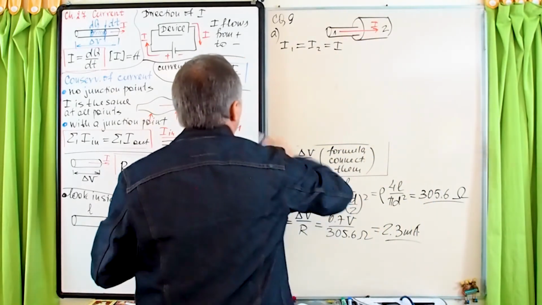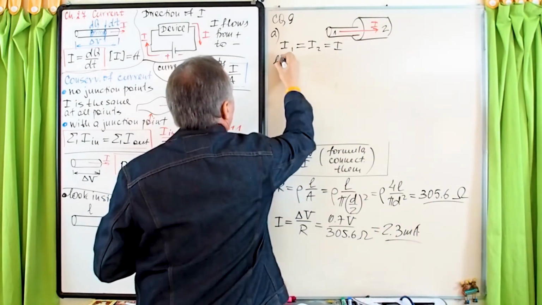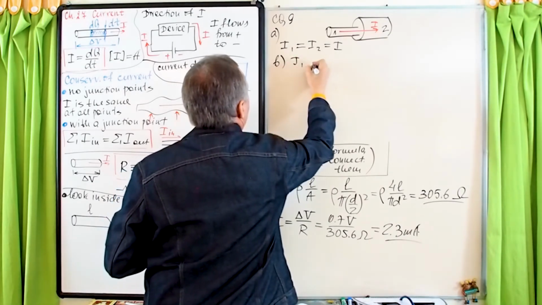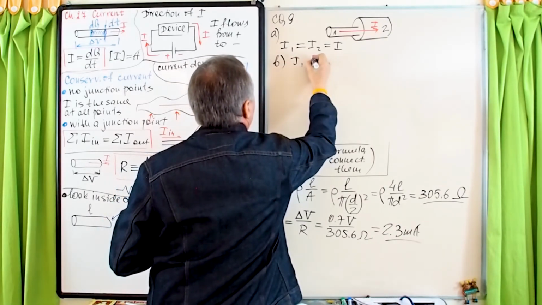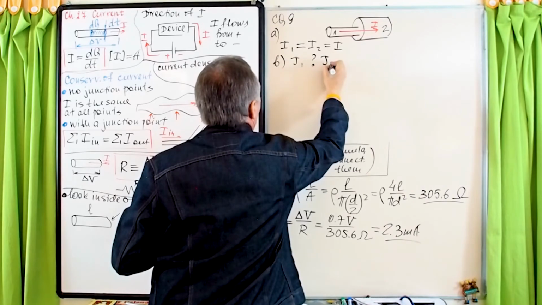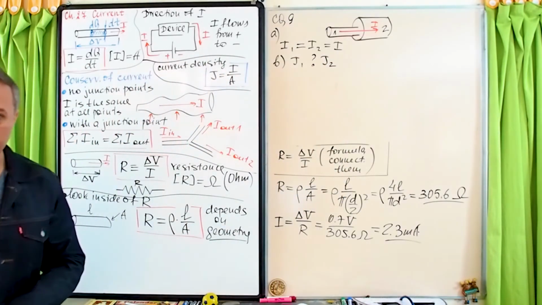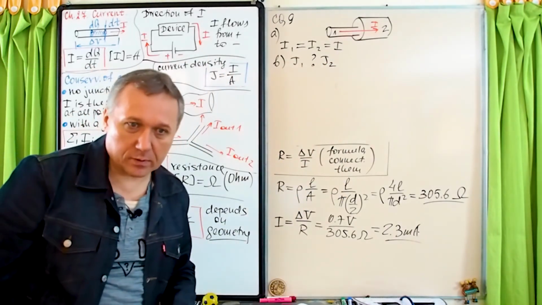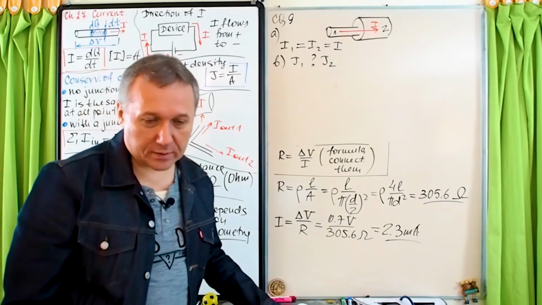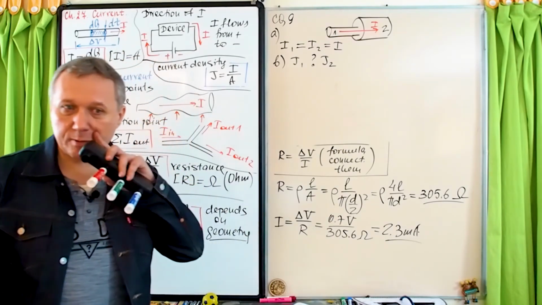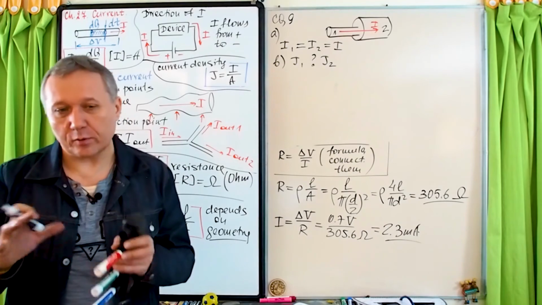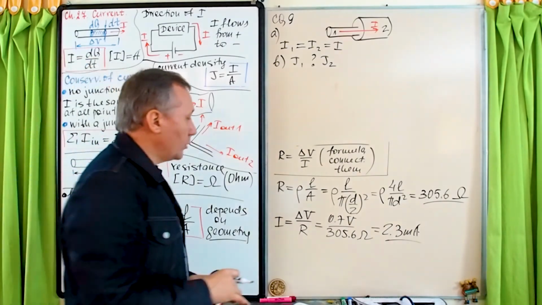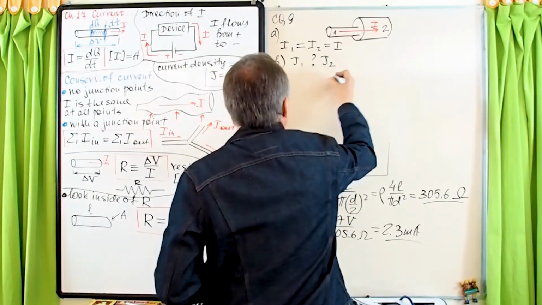But in part B, what about current densities? J1 and J2, which one is larger or smaller? Maybe they're the same. With current densities, guys, be careful, because I used to give a quiz on that, and some students who don't pay attention made a mistake.